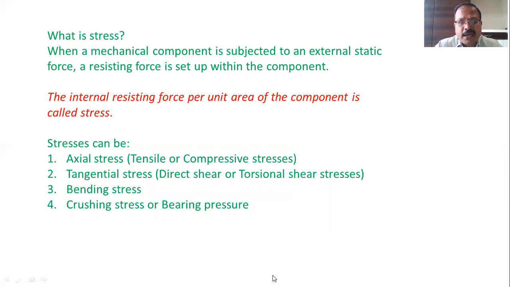For example, if we carry out a simple tension test, then we can obtain the value of yield stress and ultimate stress on ductile material, or only ultimate stress in case of brittle material. Yield stress or ultimate stress are nothing but the strength of the material, while when the component is subjected to external forces, stresses get induced, and stresses should always be less than the strength of the material.